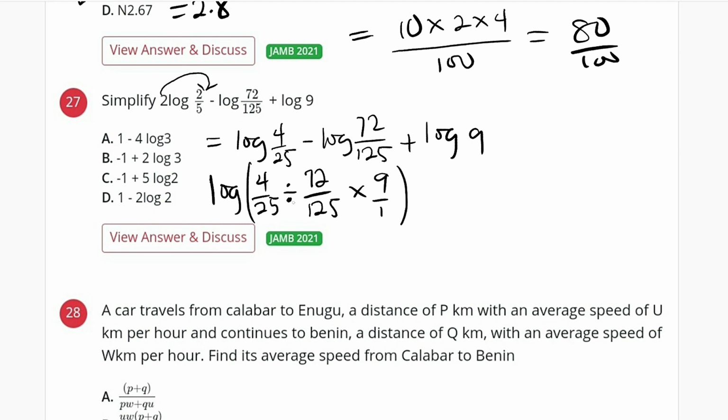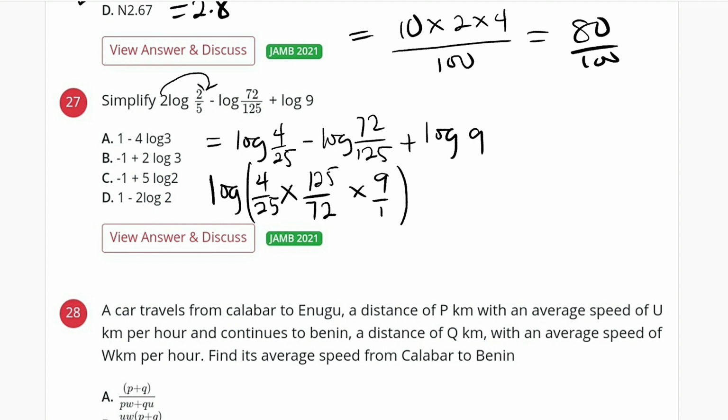And instead of this division, I can make it multiplication and flip upside down 72 divided by 125. So I can now write it as 125 divided by 72. Then I will change this division into multiplication.